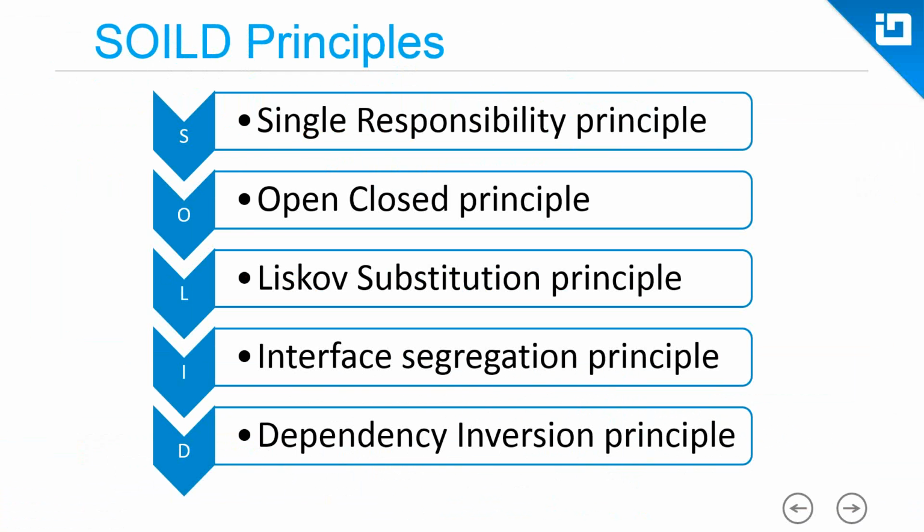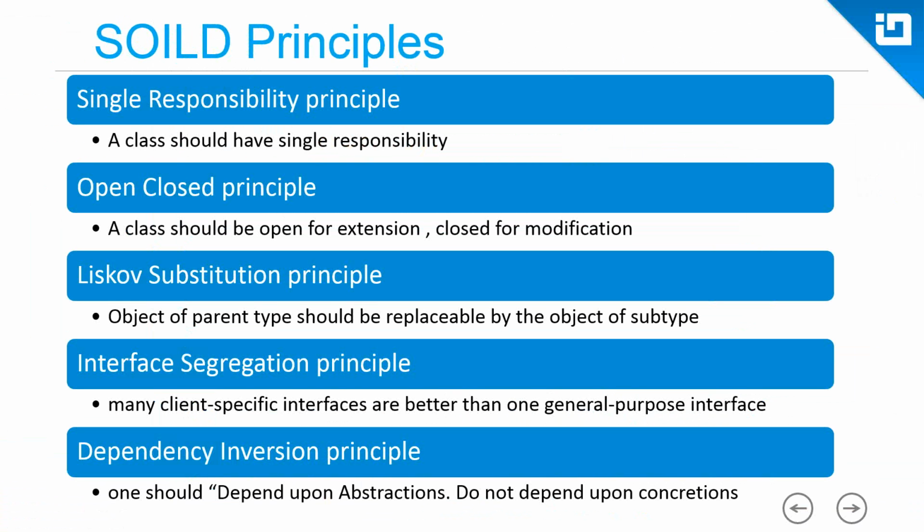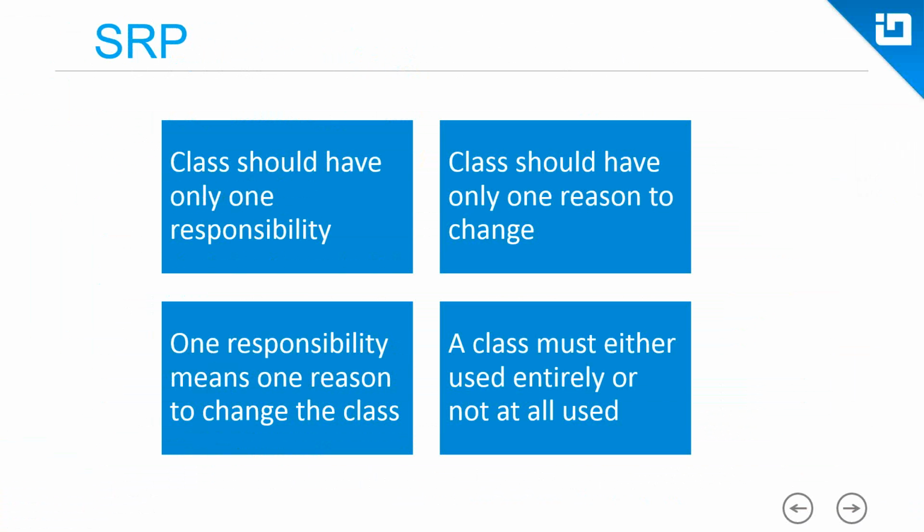So let us start with single responsibility principle. In a glance, SRP says that a class should have only one responsibility. I repeat, SRP says a class should have only one responsibility, and a class should have only one reason to change.